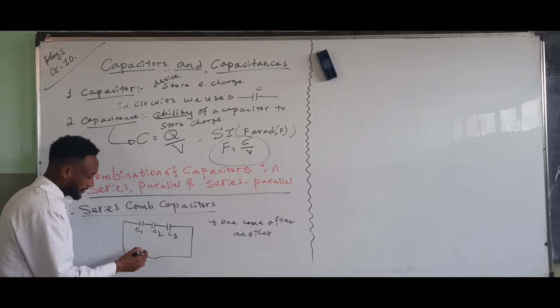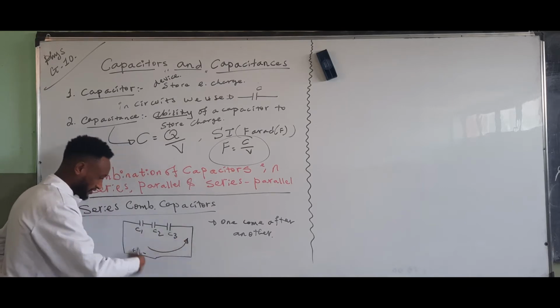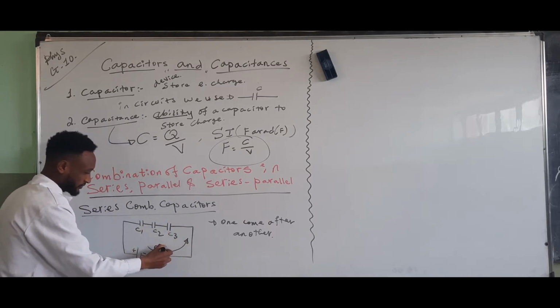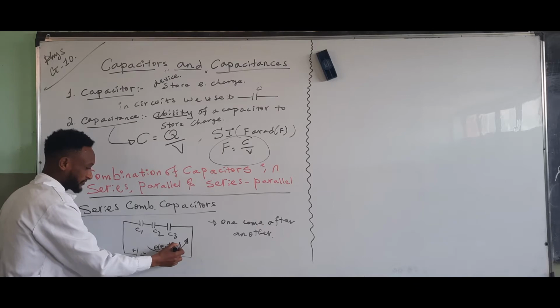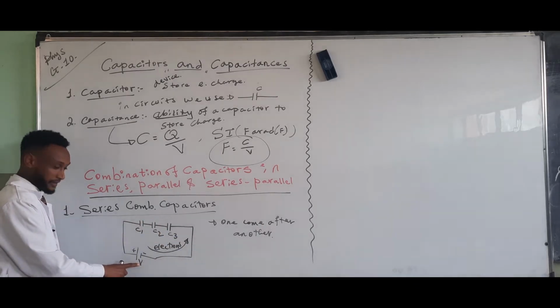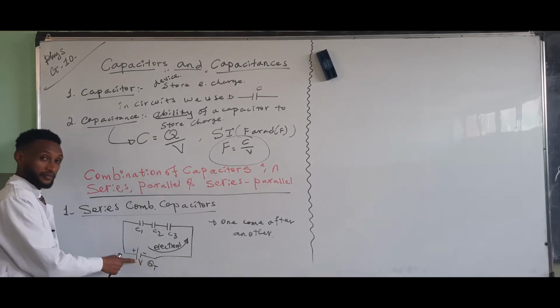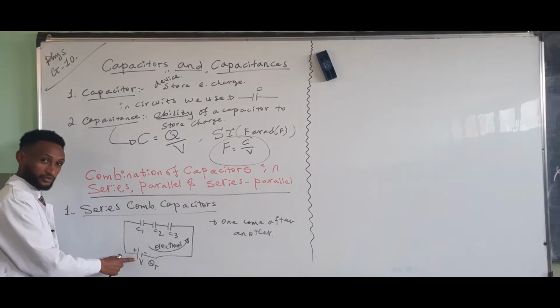So electrons or electric charges flow in the circuit. From the battery we have a total charge which starts from this source.